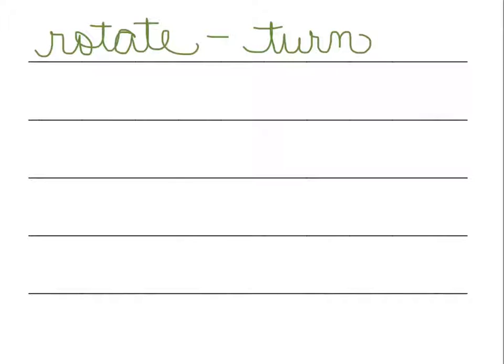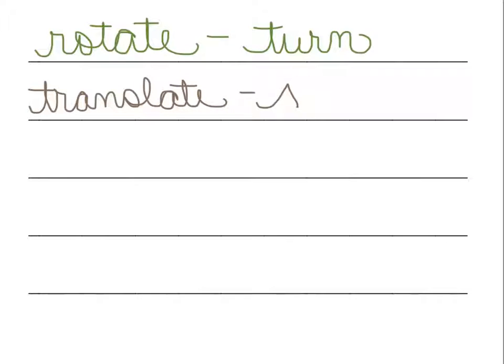That's our first term that we need to know. Our second term is translate. Now, to translate a shape is to slide it. And again, we will look at these tomorrow, but it'll be easier if you have in your head already. Rotate means turn. Translate means slide.